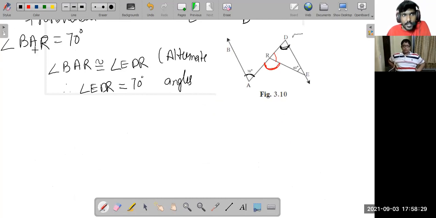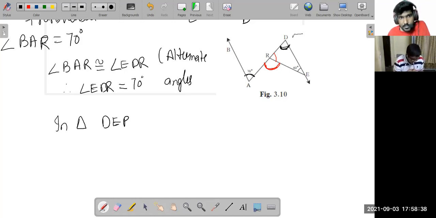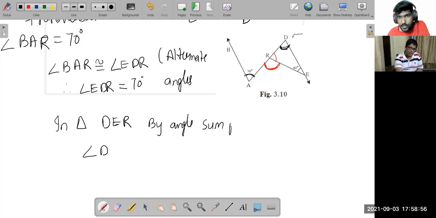Now look into triangle DER. In triangle DER, by angle sum property.